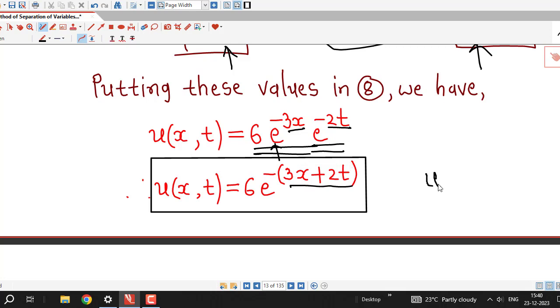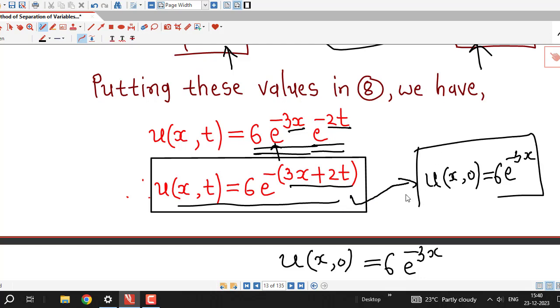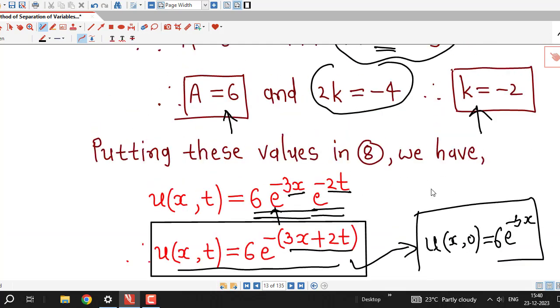And this solution must satisfy the condition that u(x,0) is 6 into e raised to minus 3x. Suppose we put t equal to 0 in this solution, then we must have 6 times e raised to minus 3x plus 0. So our solution is correct. It satisfies this initial condition.